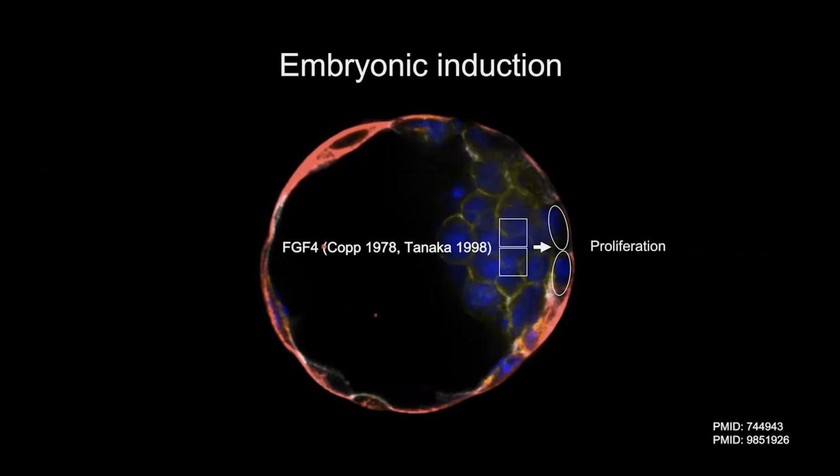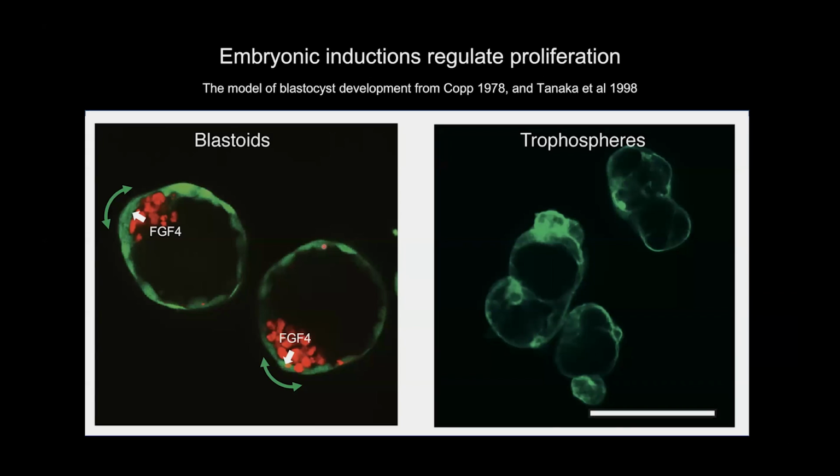And for a long time, this was the only known inducer. So we caught onto this concept and tried to fill the knowledge gaps here. And we did this by systematically comparing blastoids with trophospheres.